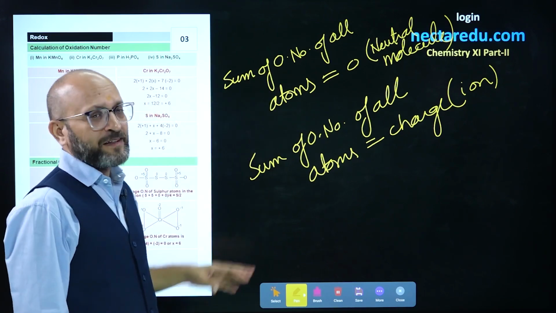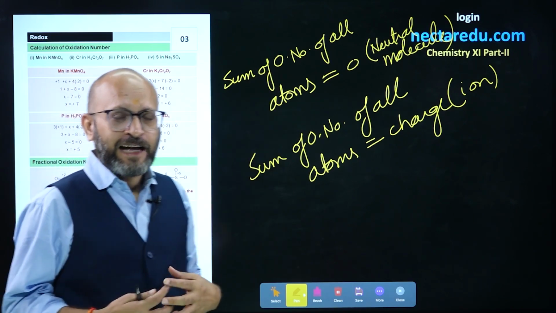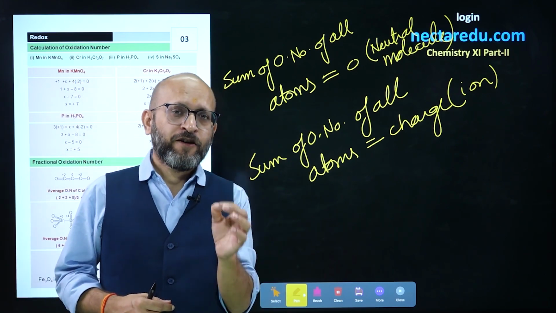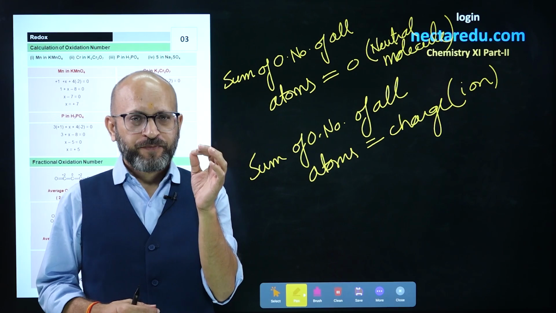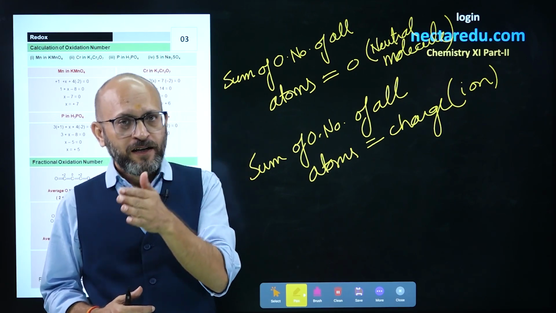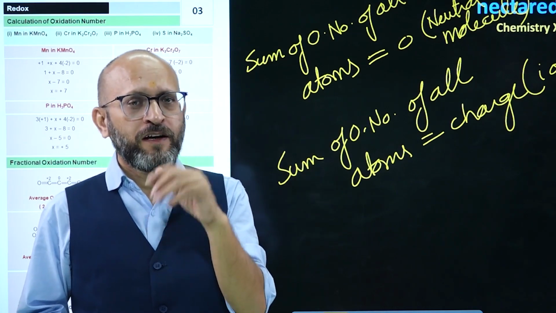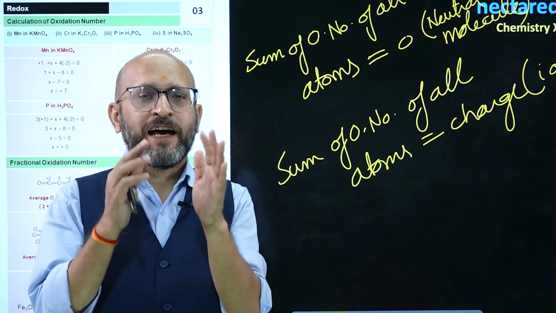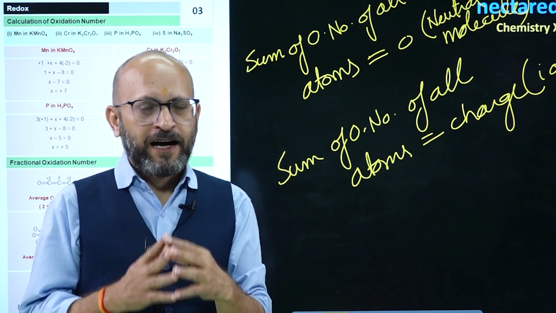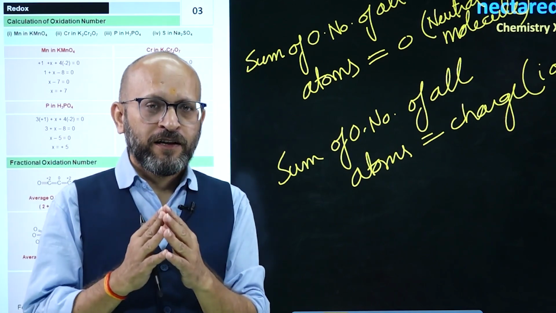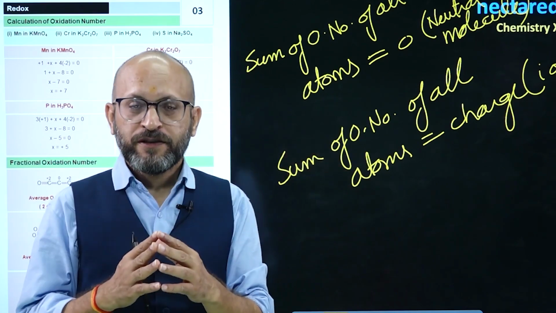Just remember these 2 points, and as you already know, we have to remember a few things. An element in its natural state, for example hydrogen in H₂, phosphorus in P₄, sulfur in S₈, chlorine in Cl₂, will have oxidation number 0. Hydrogen with metals has -1, with non-metals has +1.